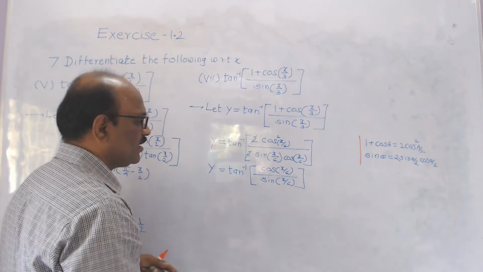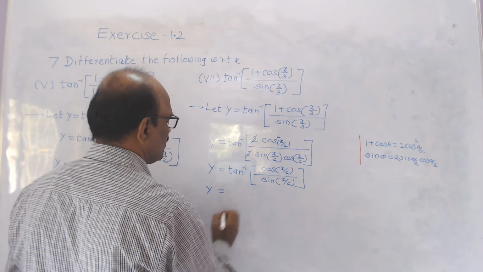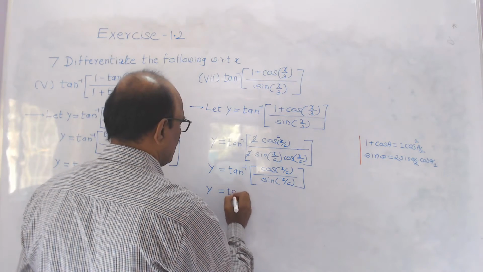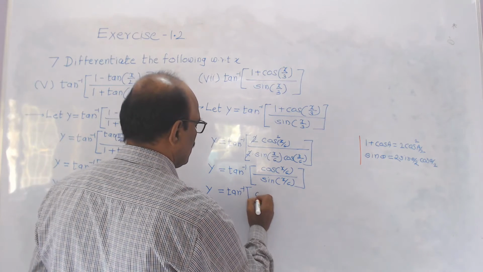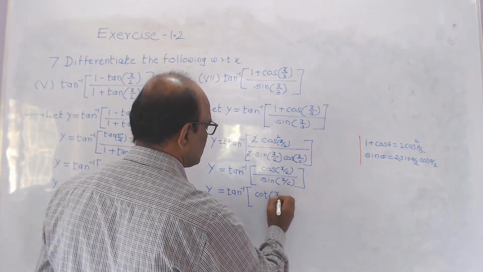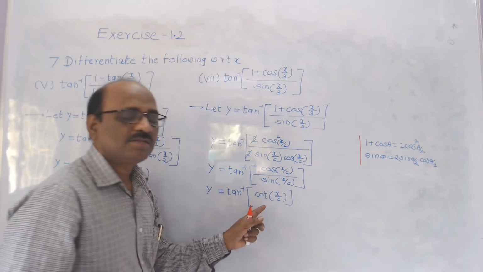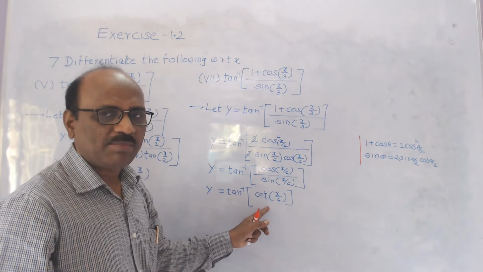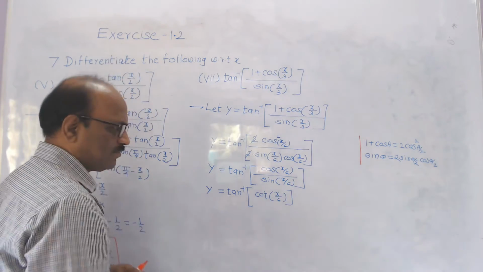It's cot theta, and hence here you will get tan inverse of cot of x upon 6. Now again the cot of theta is equals to pi by 2 minus tan of pi by 2 minus theta, by using that formula.